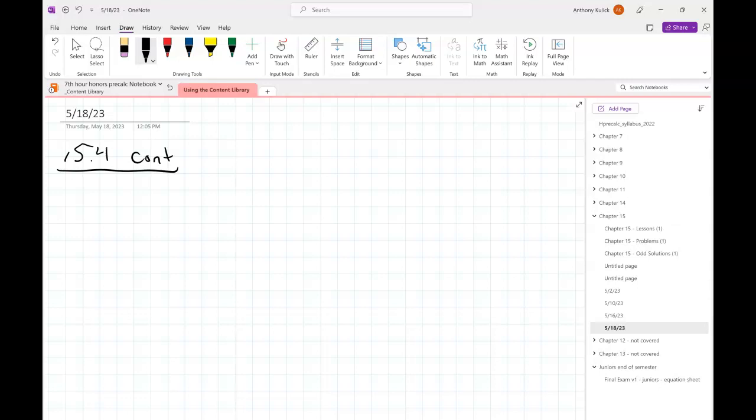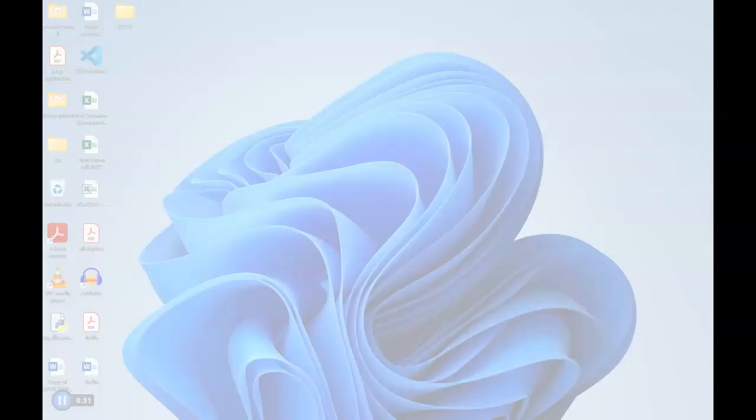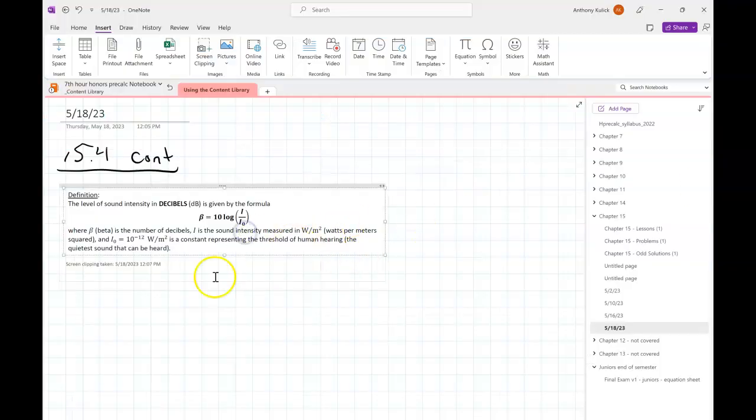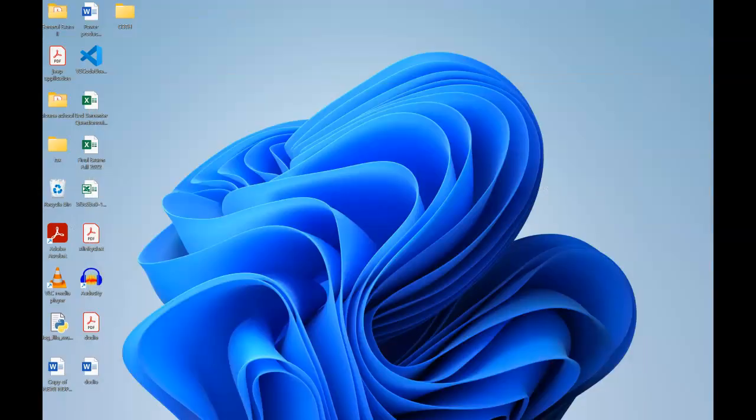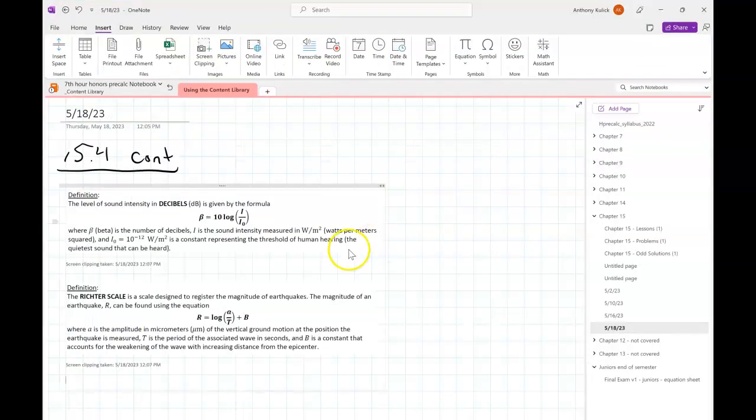So in section 15.4, we were solving exponential and logarithmic equations. What we're going to do today is talk about some real-world applications that can be modeled using an exponential or logarithmic equation.